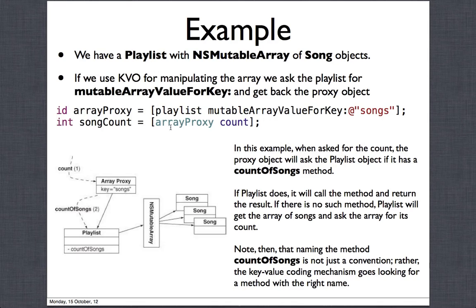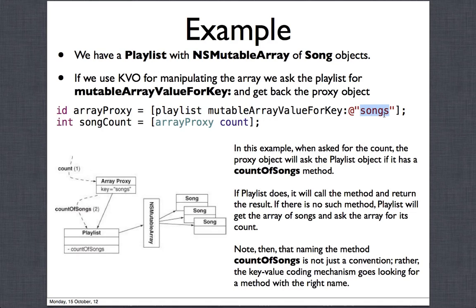So here's an example. We create a new object and we don't have a class for it, so we say id arrayProxy, and we ask the playlist for mutableArrayValueForKey songs. We know that we have this array called songs, but instead of just getting that array, we are getting the array value for this key, and the key is of course the name of the variable.